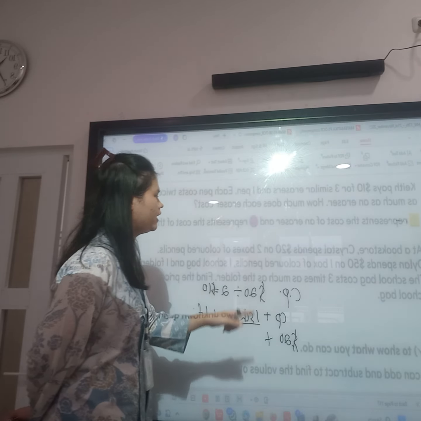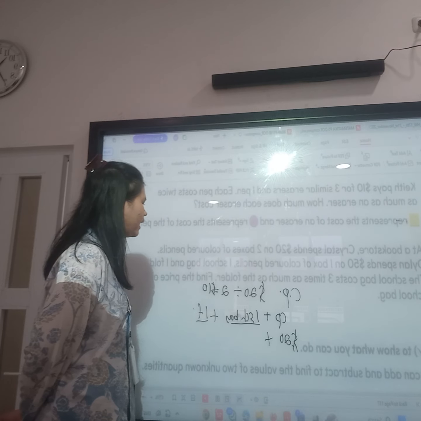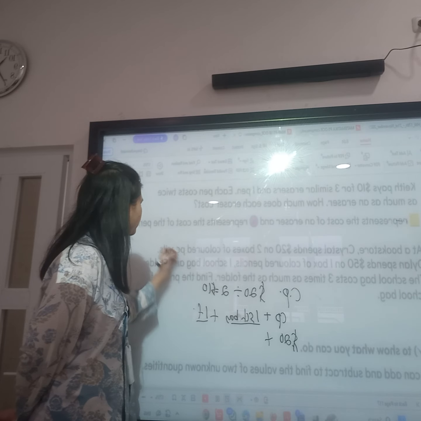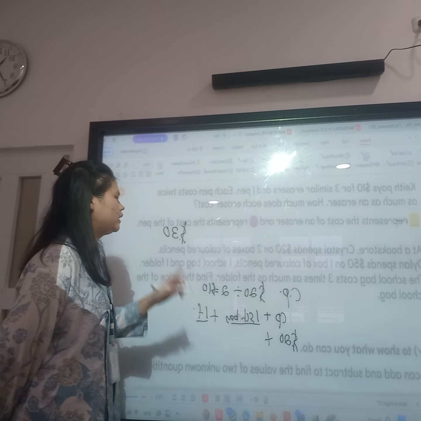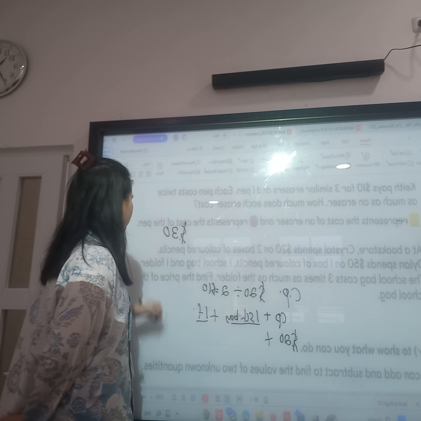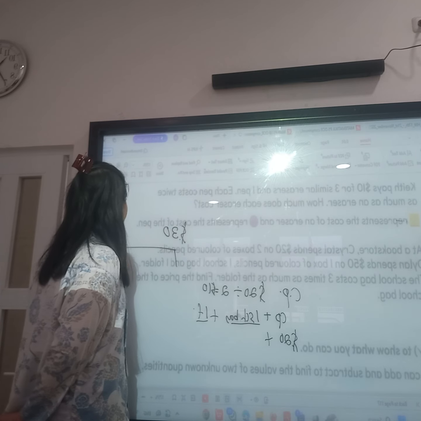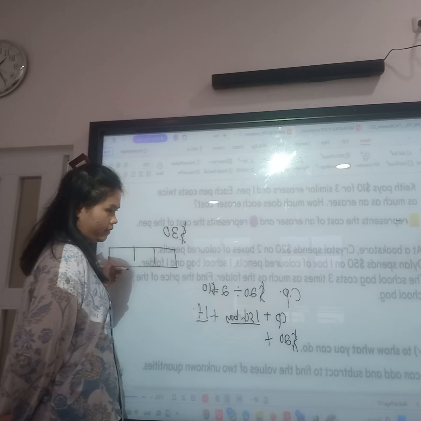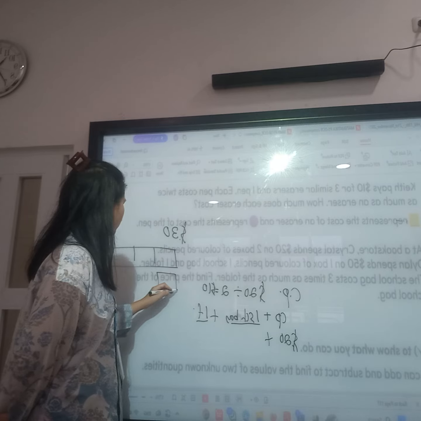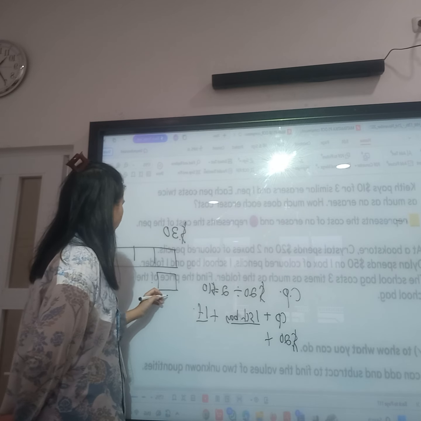But here he said that the school bag costs 3 times as much as the folder. So the rest will be $30. The bag costs 3 times as much as the folder, so there is 3 times. This is for the bag, 1, 2, 3, 3 times, and then this one is the folder.